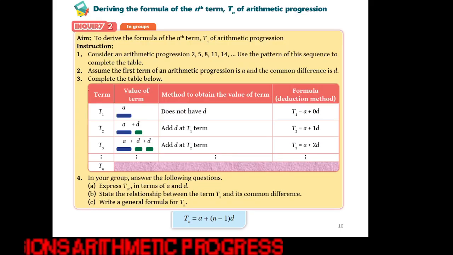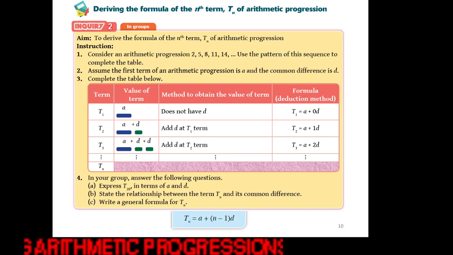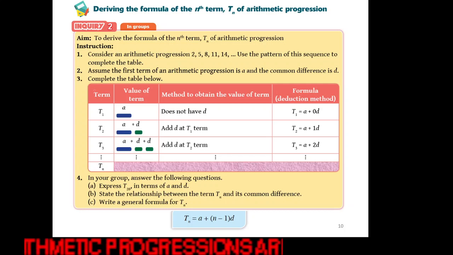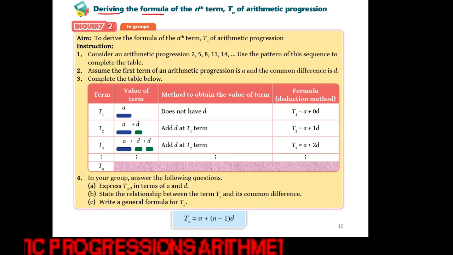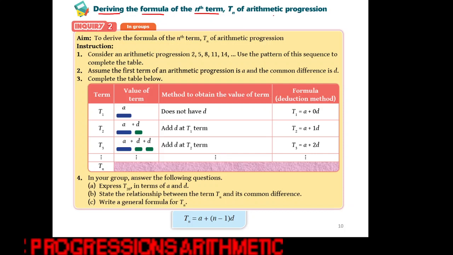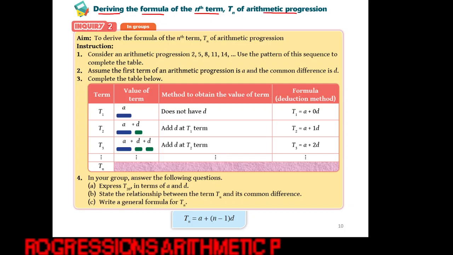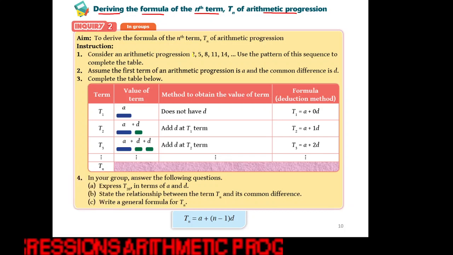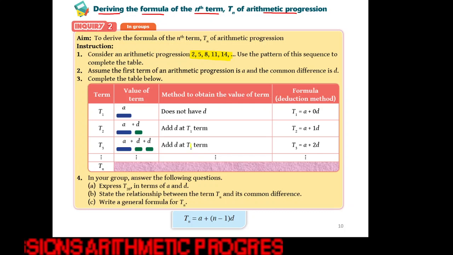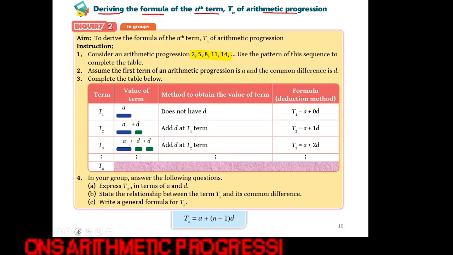Okay, after we identify whether a given sequence is an arithmetic progression or not and give justification to our answer, the next thing that we have to do is to derive the formula of the nth term of an arithmetic progression. Let's say we are given a progression that starts with 2, 5, 8, 11, and 14.